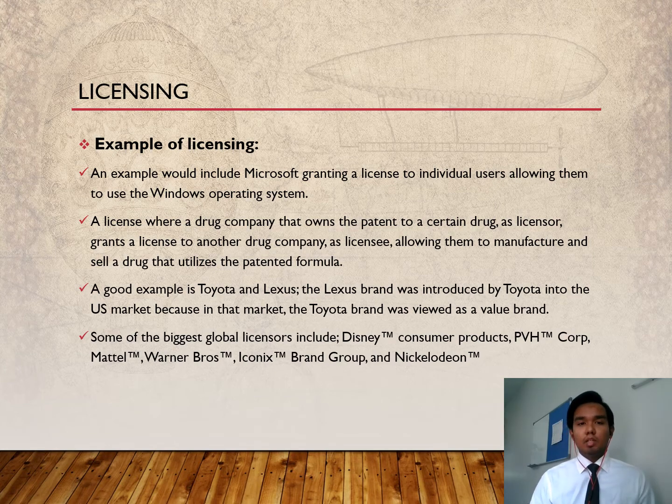Another is a drug company that owns the patent to a certain drug, as a licensor, granting the license to another drug company. The license allows them to manufacture and sell the drug utilizing the patent formula. Next, the example is Toyota and Lexus, which caters to the US market. Toyota is a brand value brand.